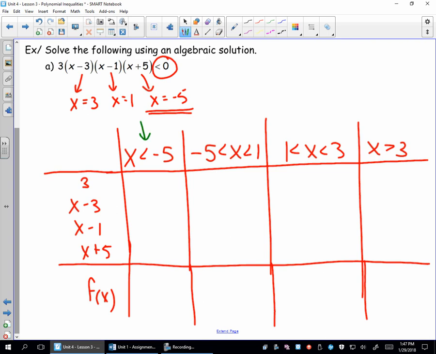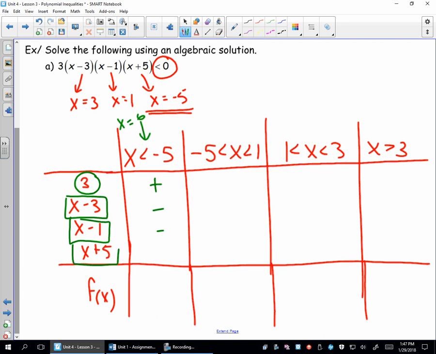For instance, a number less than -5 would be -6. If I were to put -6 in for x, what kind of value do I get? Well, I can't really put -6 in for x for the first factor. There is no x here. 3 is 3, and it's always a positive 3. But if I pick -6 and put it in here, -6 minus 3 is -9, a negative number. -6 minus 1 is -7, a negative number.